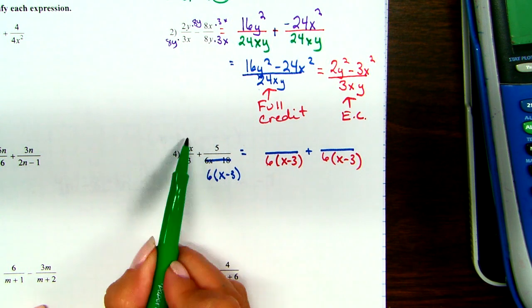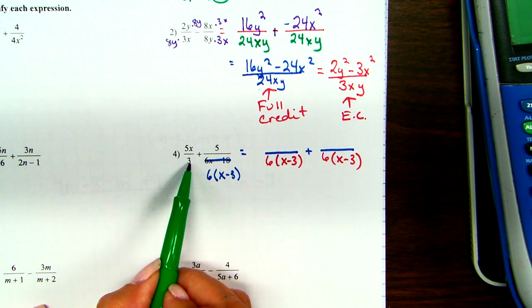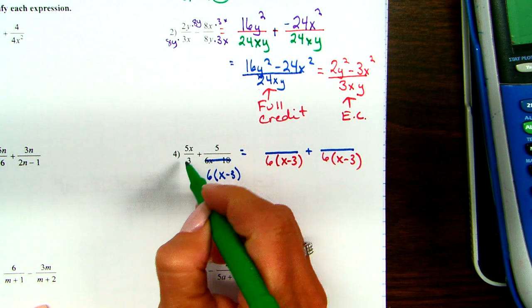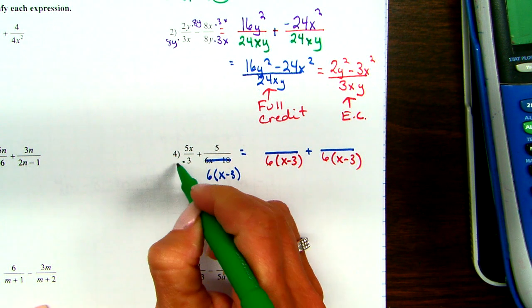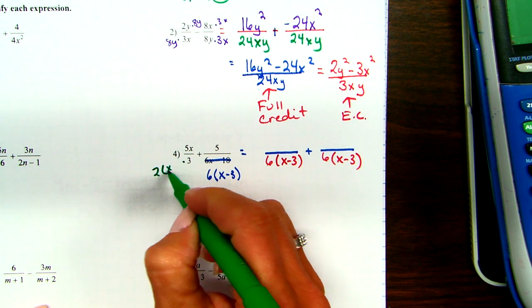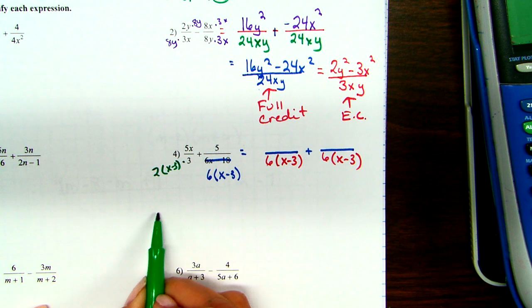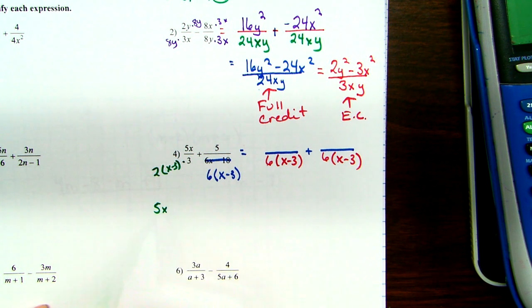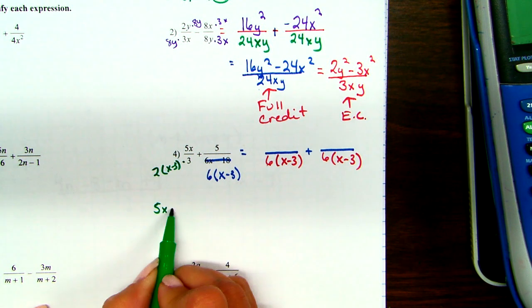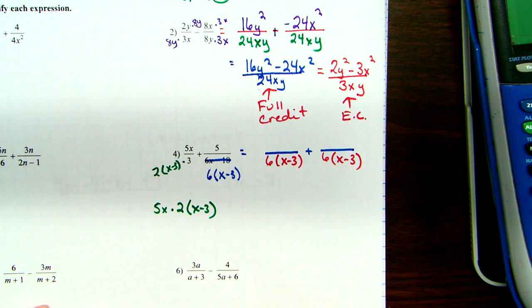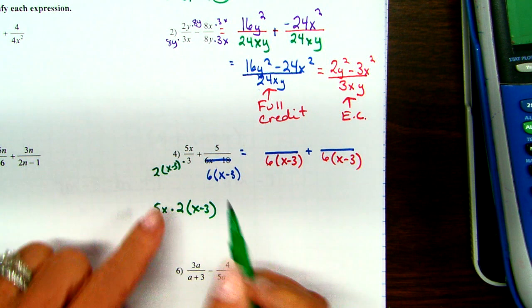Okay, so in our first fraction, what did we multiply 3 by to get 6 and then x minus 3? Yes, times 2 and x minus 3. Okay, so I'm just going to take a little space over here. In my numerator, I have 5x, right? And I'm multiplying it by 2 and x minus 3, right? That's what I'm multiplying by.